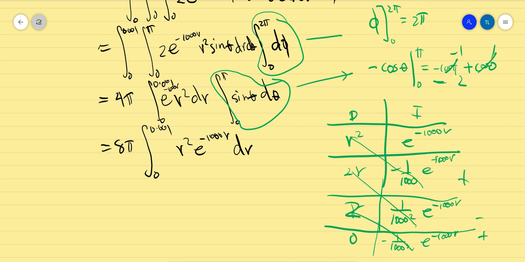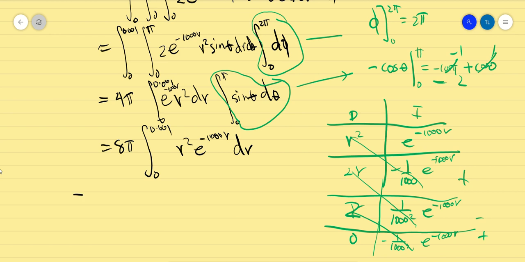So now the answer here will be, if you take the limit, upper limit minus lower limit, and we multiply them, r squared times 1 over 1000.